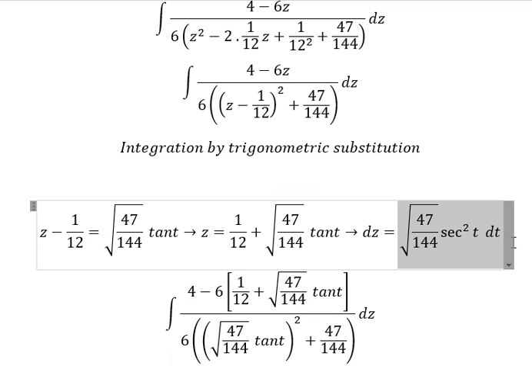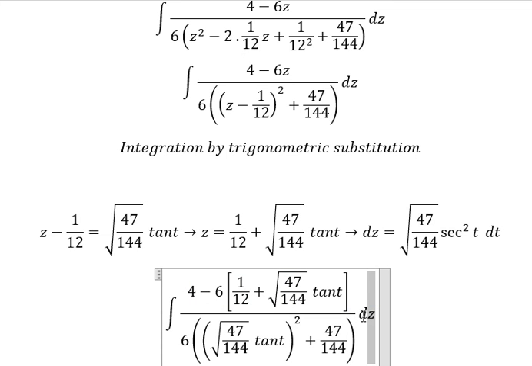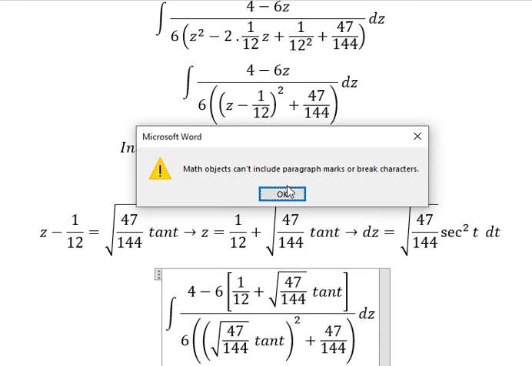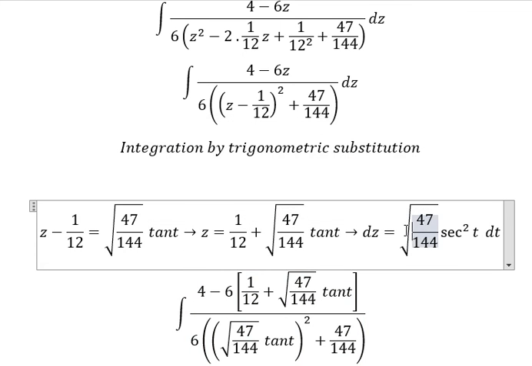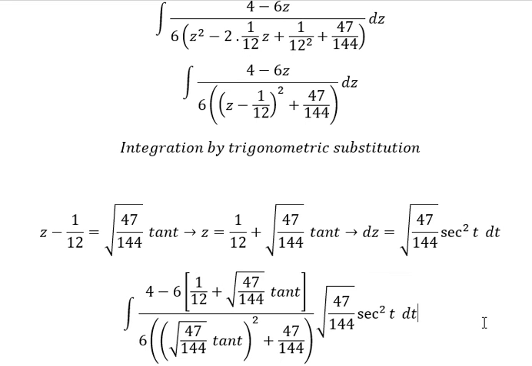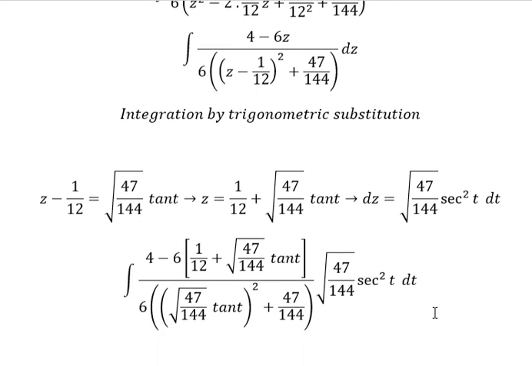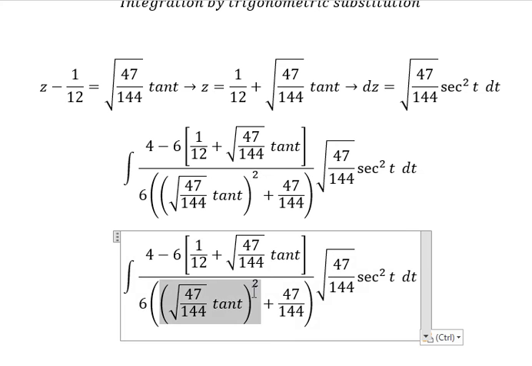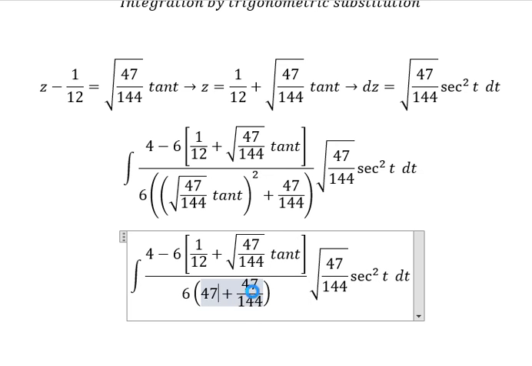Dz we change by this one. So this one we have 47 over 144 tan t squared.